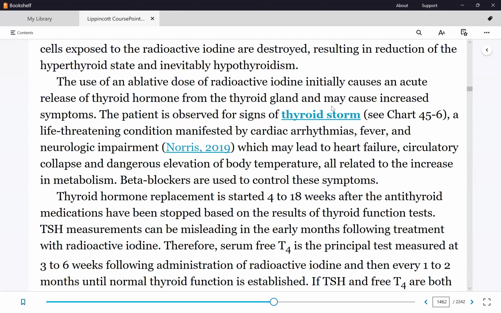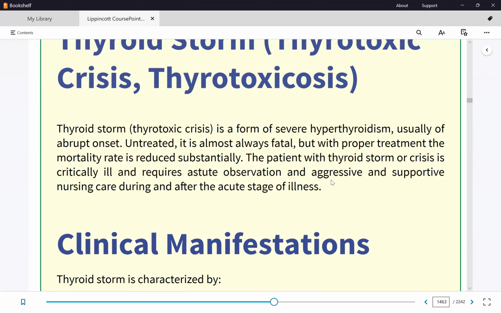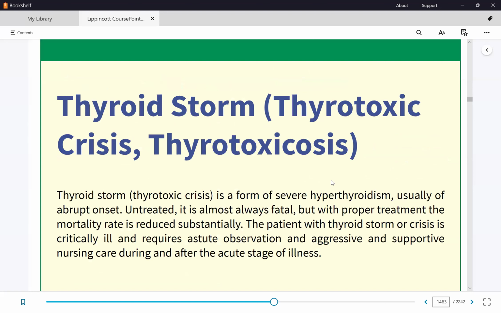Okay, let's talk briefly on thyroid storm, and then I'll come back to this paragraph so you understand it. Let's go to 45-6 right here. What is thyroid storm? As I mentioned earlier, this is a severe form of hyperthyroidism. What's the trigger here?